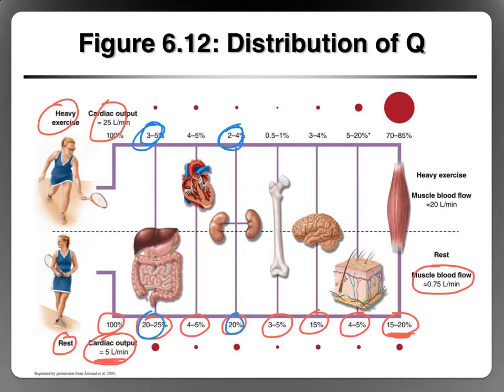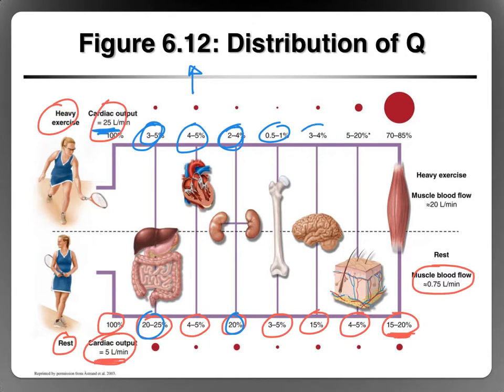Okay, the heart is getting about the same percentage, but because the blood is flowing much faster, and therefore the body sees 25 liters per minute instead of 5 liters per minute, there's actually an increase in blood flow to the heart during exercise. So 4 to 5% of 25 liters is a larger amount than 4 to 5% of 5 liters. So the heart's getting more blood flow. The bone gets a reduction.